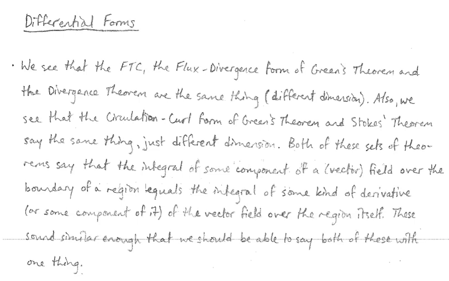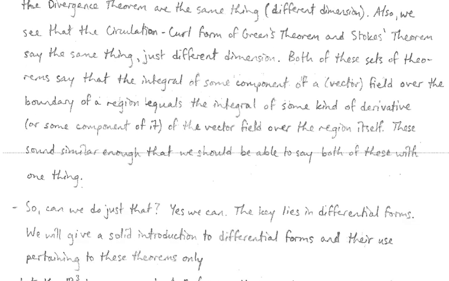And this is where the differential forms come in. We need these things called differential forms to be able to write all these theorems that we have seen up until this point as one big main theorem.